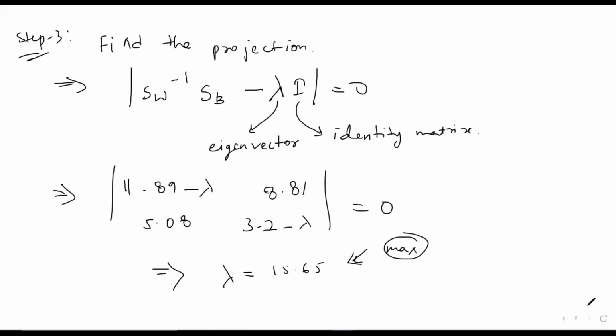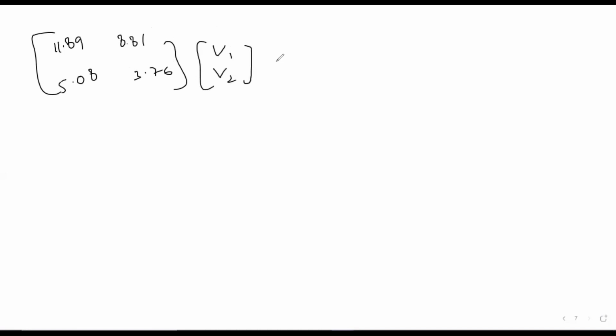And then in the next step, let me write the values again. We have 11.9, 5.08, 8.9, 7.76. So after we get the lambda value, which is the eigenvalue, we multiply it with V1 and V2 and equate it with the value of the eigenvector.